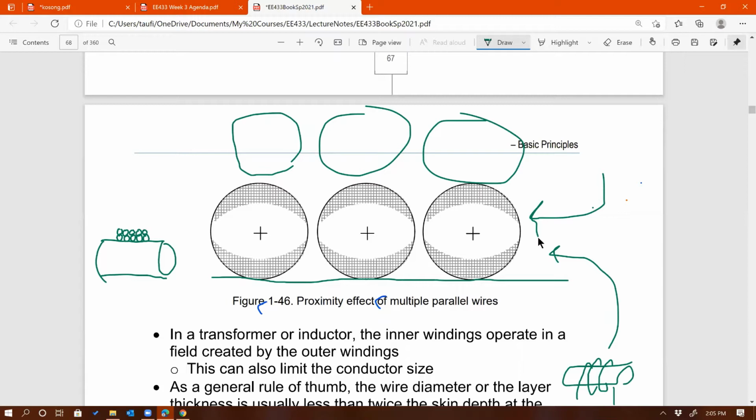And you can see that the top layer will definitely affect the bottom layer, and vice versa. So they're both interacting in terms of proximity effect. Same thing if I add more layers: more proximity effect from more currents, okay?